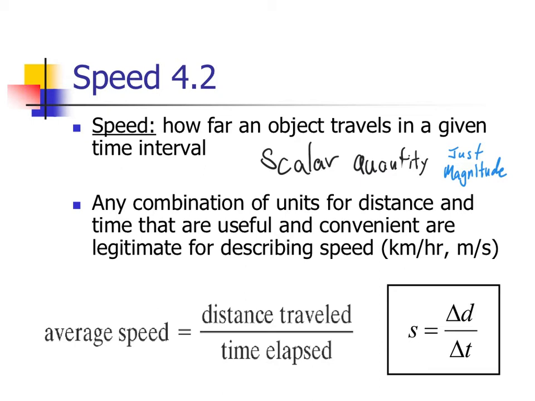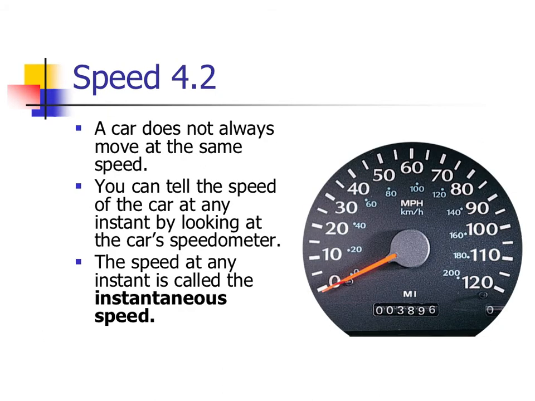Average speed is the distance that you traveled over a given amount of time. So a car doesn't always move at the same speed. This is pretty given. Some of you know it probably more than others.